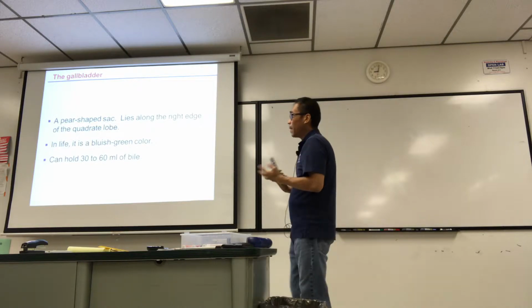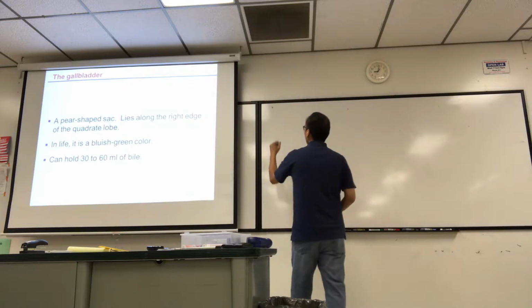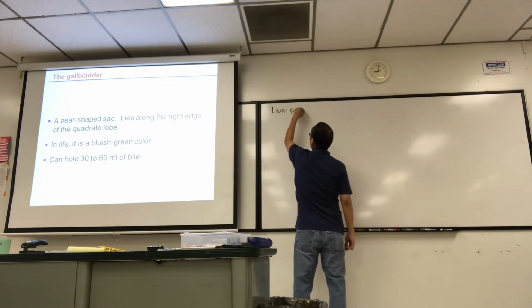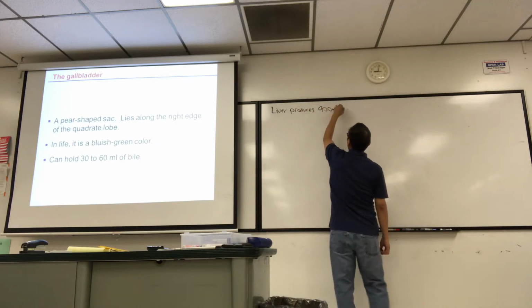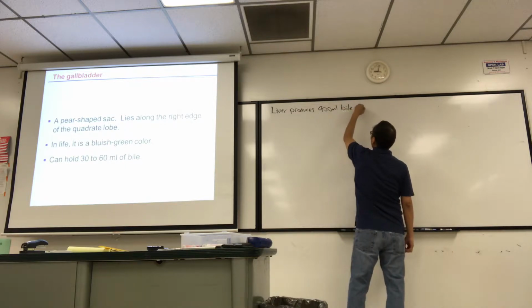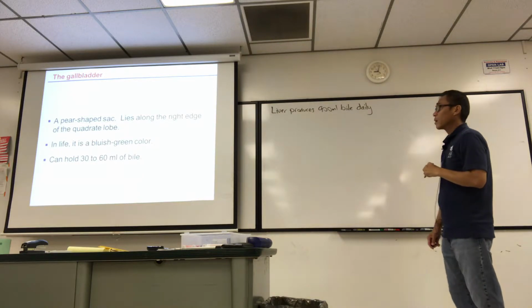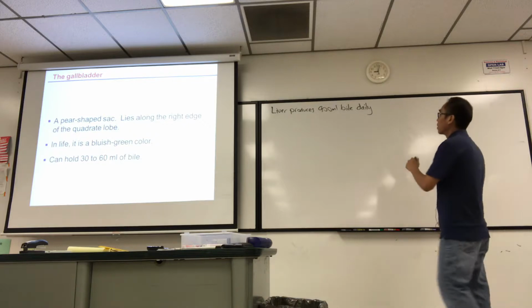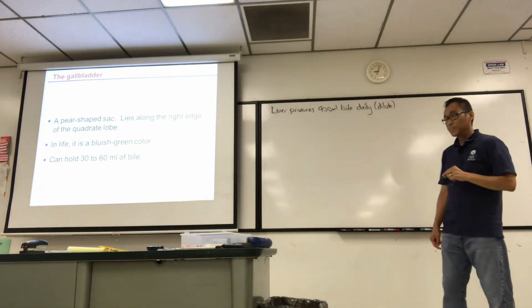The liver will produce about 900 ml of bile a day. Now, that's considered dilute bile. And a lot of that bile is produced in between meals.